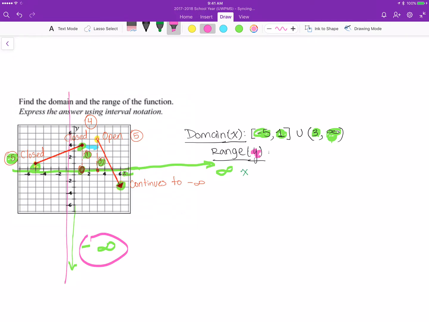We're going to move on this axis to that open 5. That's my tallest. That's my highest number in the y-axis. Therefore, my answer is from -infinity to 5. And in this case, I do have to leave it like that because of this little jump. And that is it.